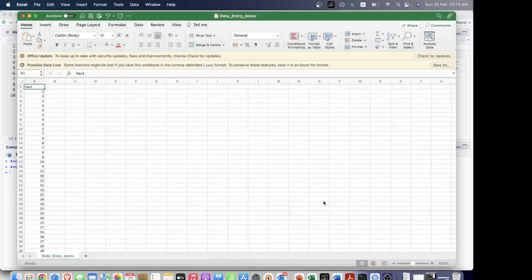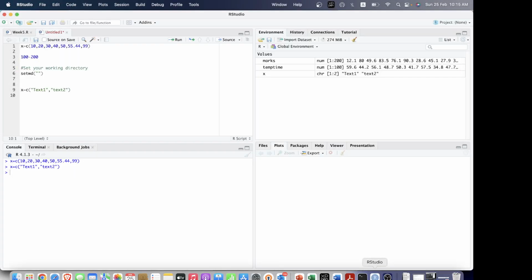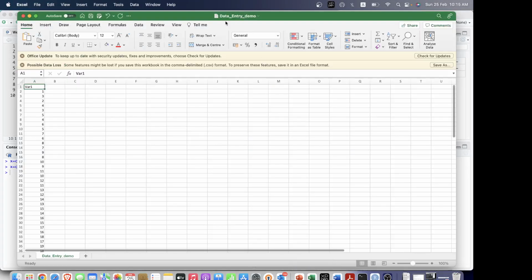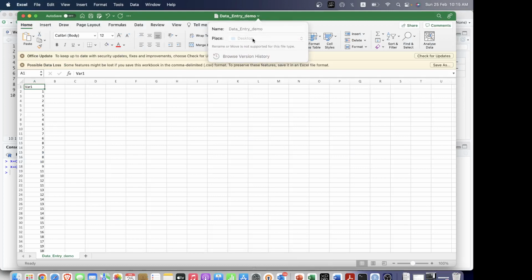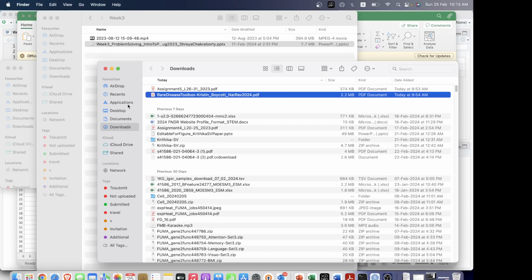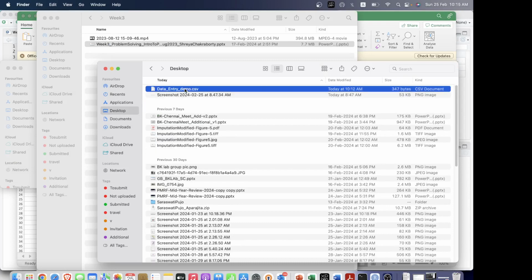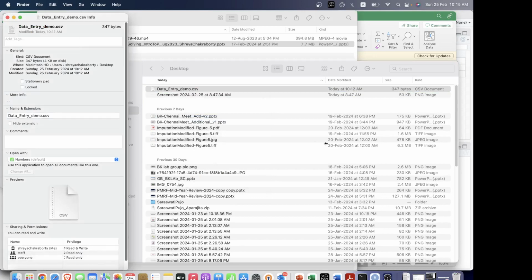Now once you save it, it will be easier to import data. So I have saved this file as data entry demo, and it's saved on my desktop. So I'm going to go to desktop, and I'm going to see the file path. So the file path for me is this thing.